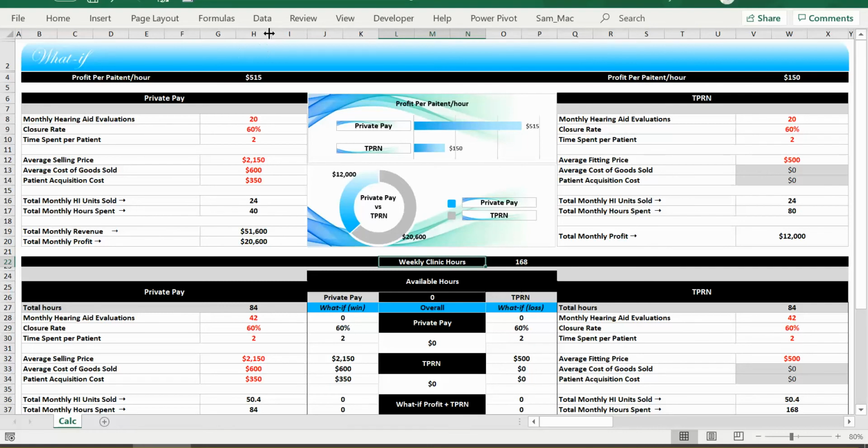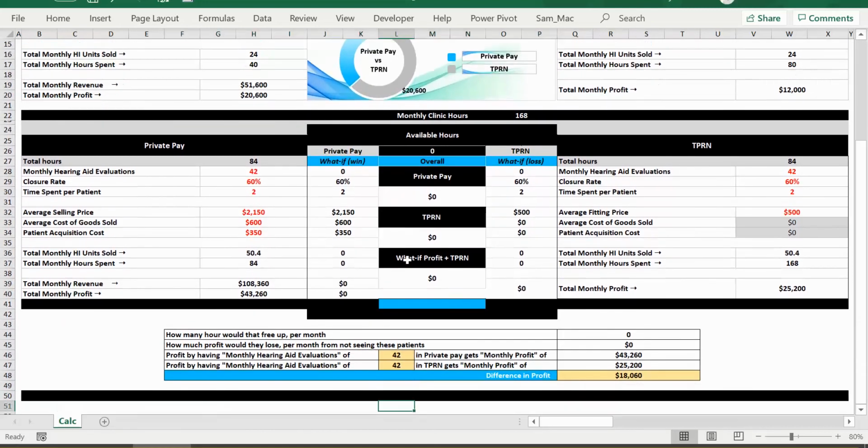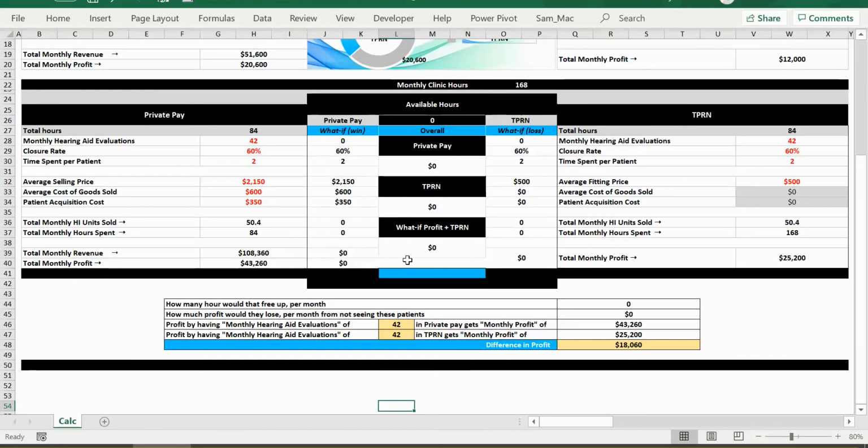Initially you mentioned that it is supposed to be monthly clinic hours. I was initially testing with weekly, so that's fine. So that's your total hours that we have. I've used 8 hours per day, almost 21 days. That's pretty much where we are.